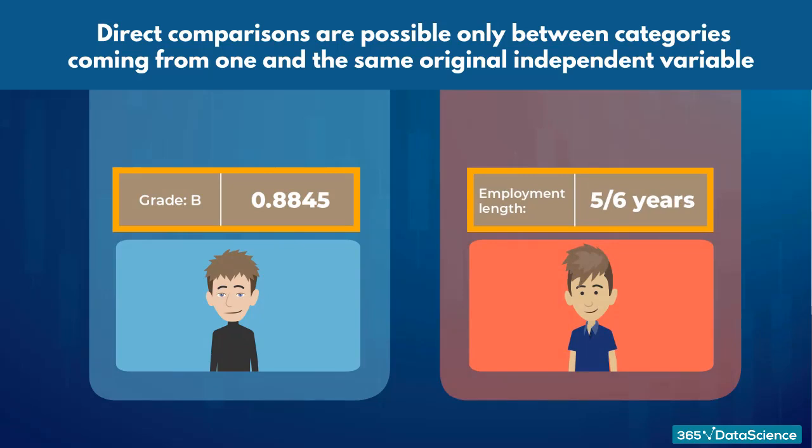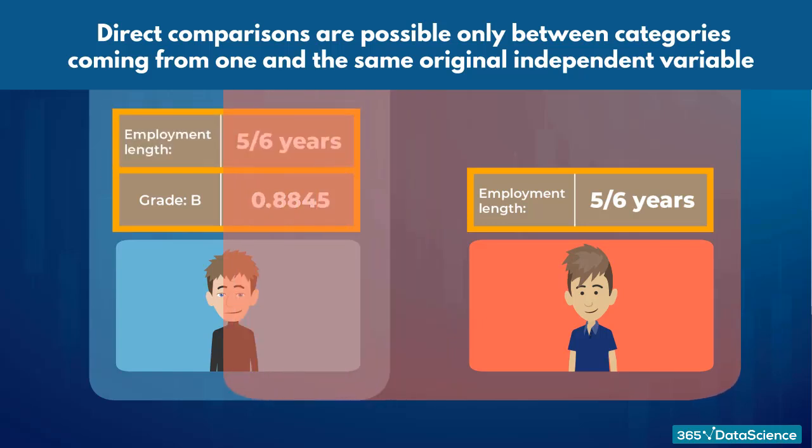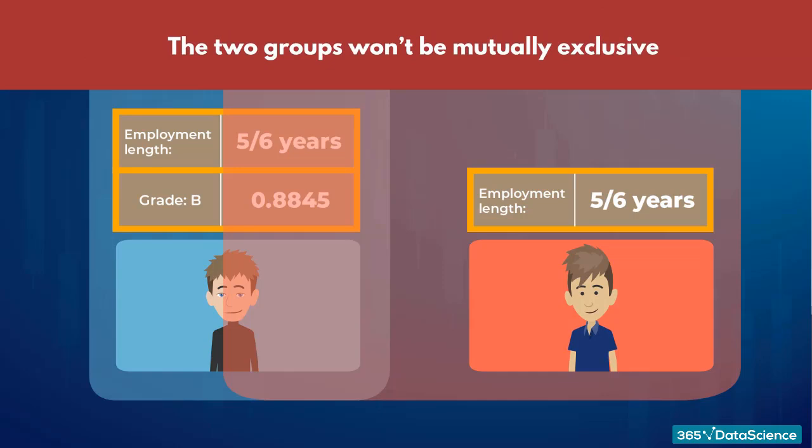That's due to the fact that some people with external rating B actually have employment length between 5 and 6 years. In other words, the two groups won't be mutually exclusive. While, as we have ensured by definition, all dummy variables coming from the same original independent variable are mutually exclusive. Each observation belongs only to one of them and does not belong to the rest.